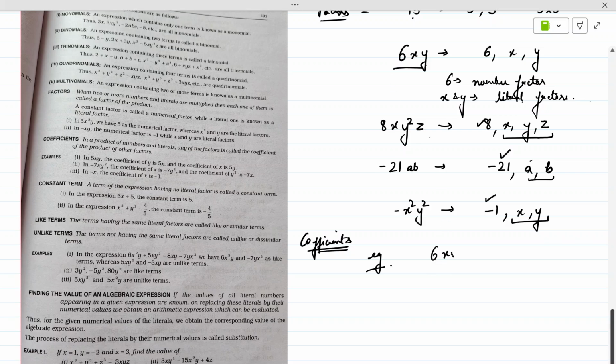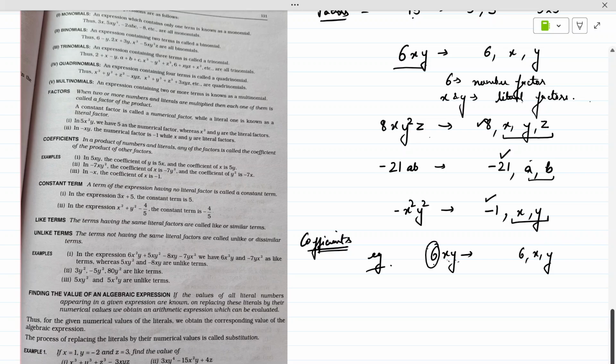In this 6xy, 6, x and y are the factors. Now, what is the coefficient of 6? The coefficient of 6 will be xy, because when these two are multiplied with 6, we get the main number or expression.